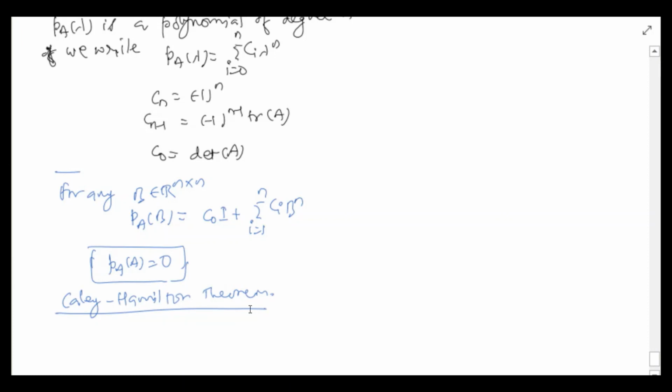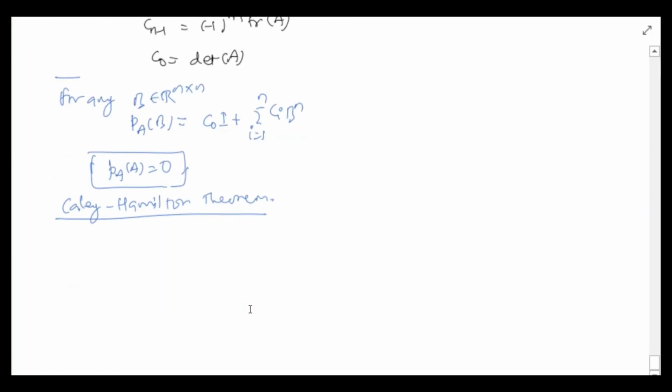One of the usages of the Cayley-Hamilton theorem is in finding the inverse of matrices.